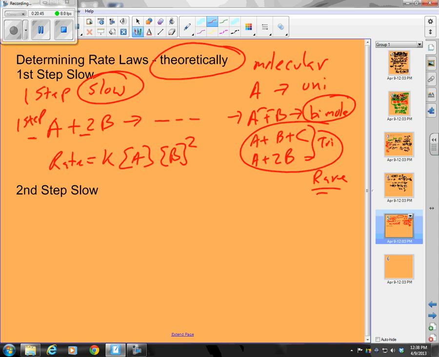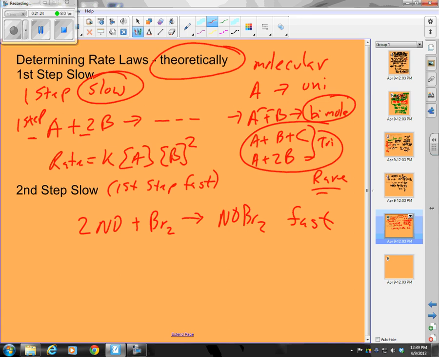However, if my second or third step is slow, then we have to do something else. So let us consider 2NO plus Br2 going to NOBr2, and that's fast. That means I have a fast first step.